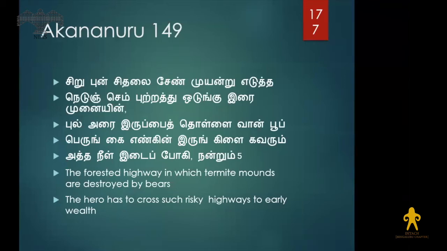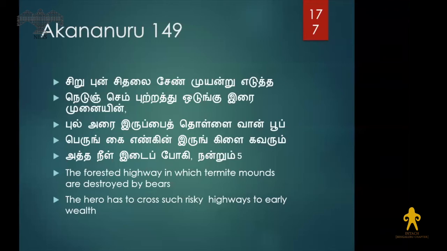So in this particular poem, the poet describes the mindset of the hero and the heroine. At that time, people were traveling a lot, as we saw in the previous slides, as far as Egypt and down to Southeast Asia.